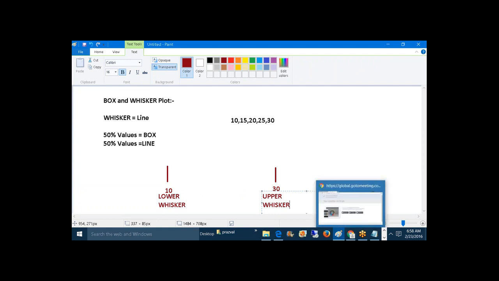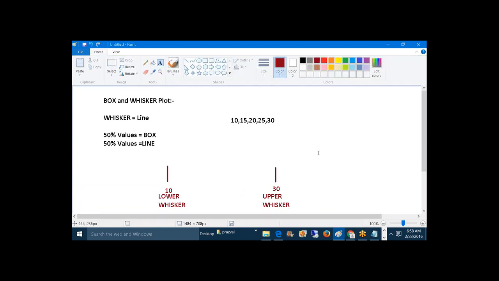So after placing the lower value and the higher value in the form of whiskers, next you will find the median. How to find the median? The shortcut is just strike off the first value from the left and the first value from the right. Similarly, the second value from the left and the second value from the right, and we'll have 20. So 20 is the median.